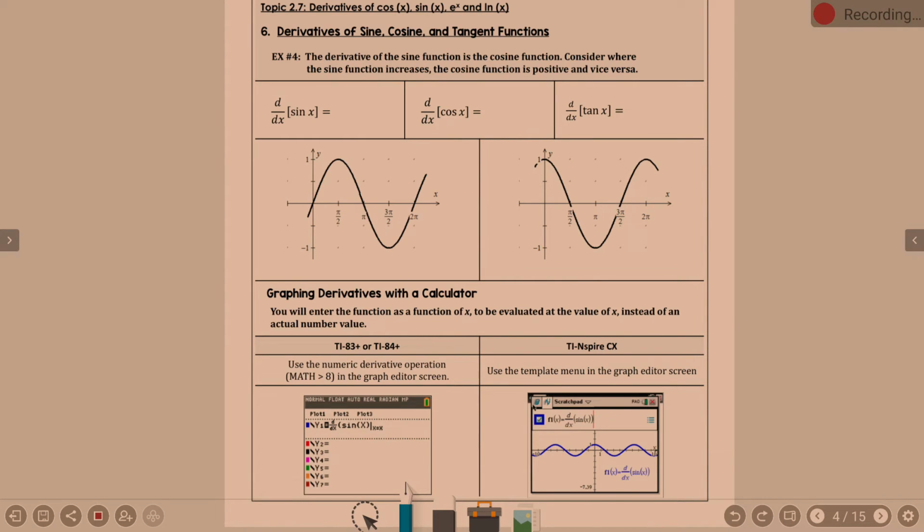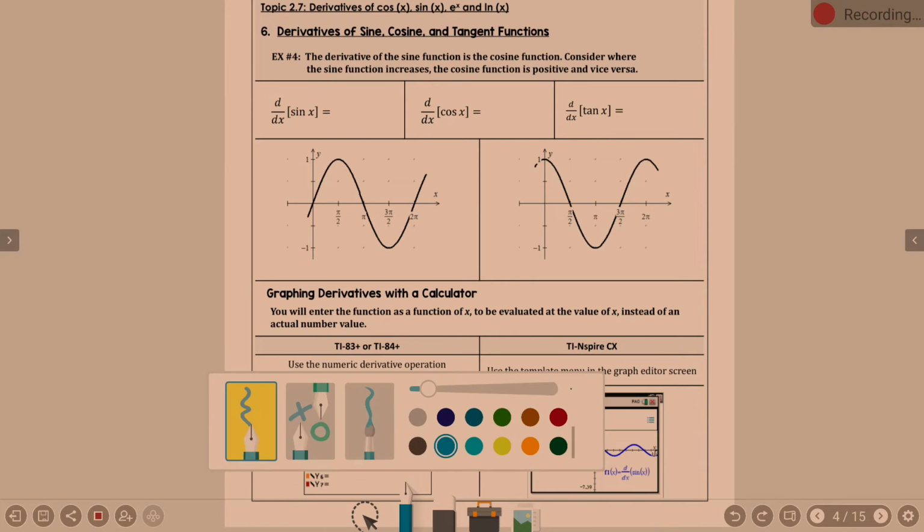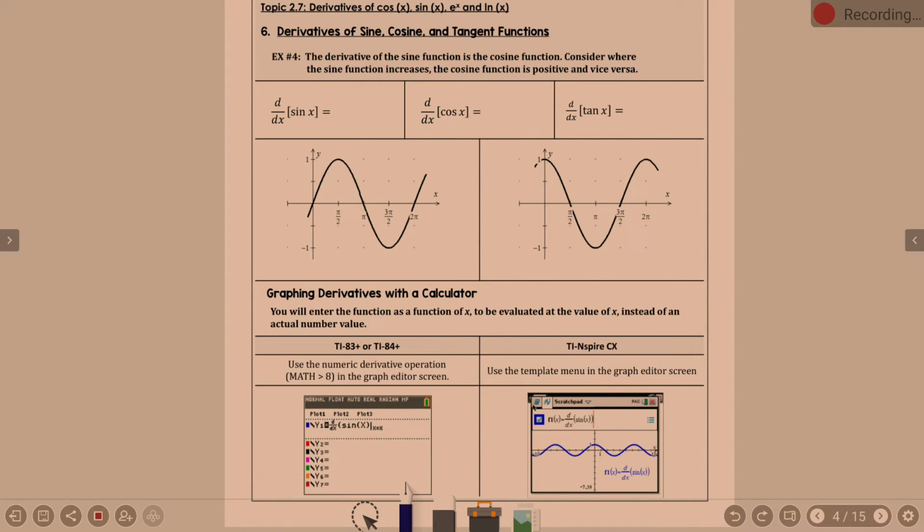Consider where the sine function increases, the cosine function is positive, and vice versa. So right off the bat, being told the derivative of sine x is cosine x.